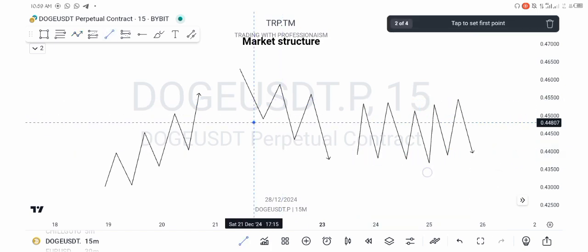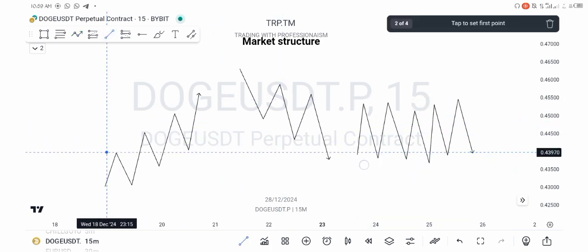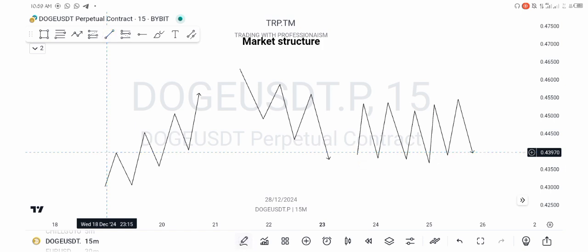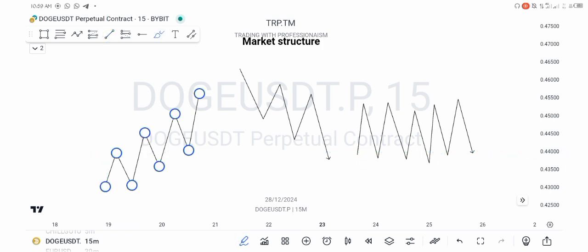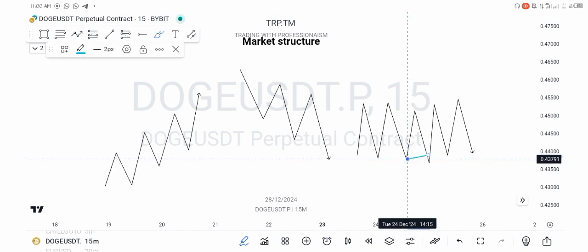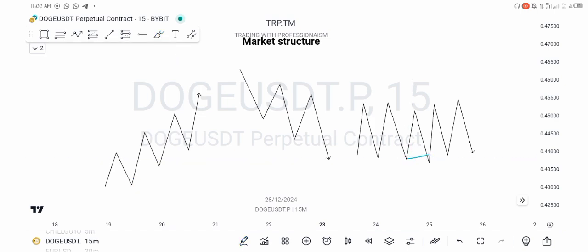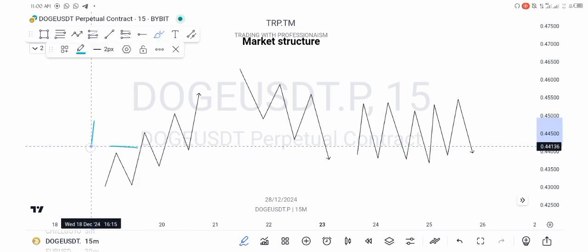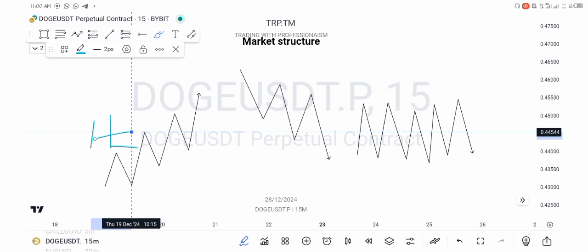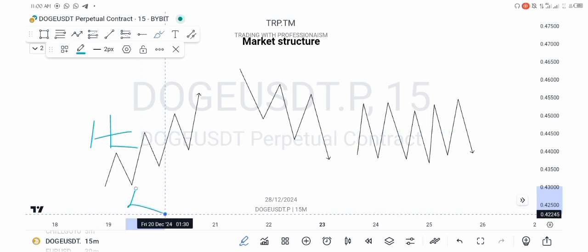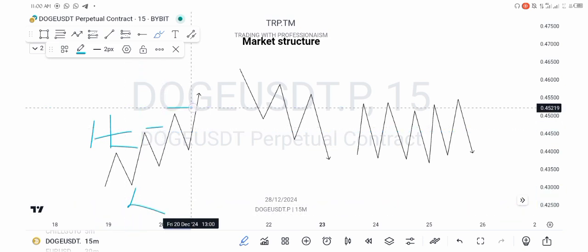The uptrend is when the market is having higher highs and higher lows. What do I mean by that? This is a high, this is a low, this is a high.